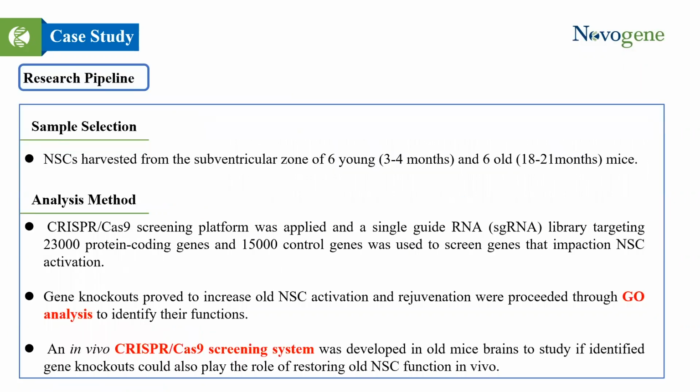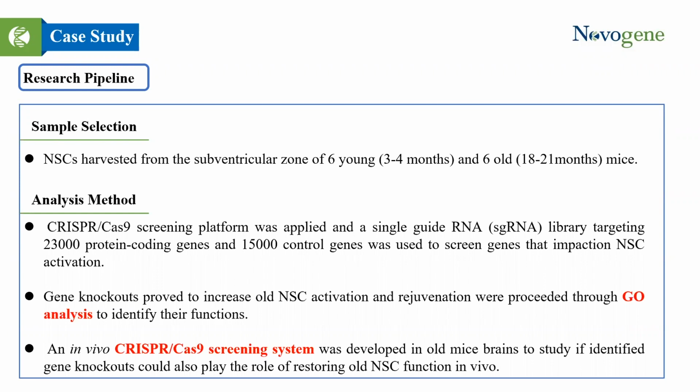Here in this project, neural stem cells from 6 young and 6 old mice are being tested. Researchers use CRISPR-Cas9 screening platform and a sgRNA library targeting protein coding genes and control genes to screen genes impacting NSC activation.